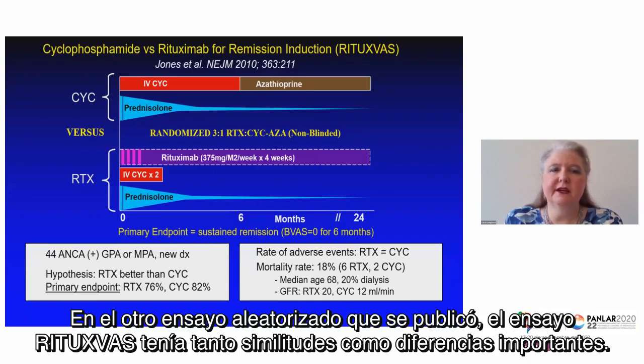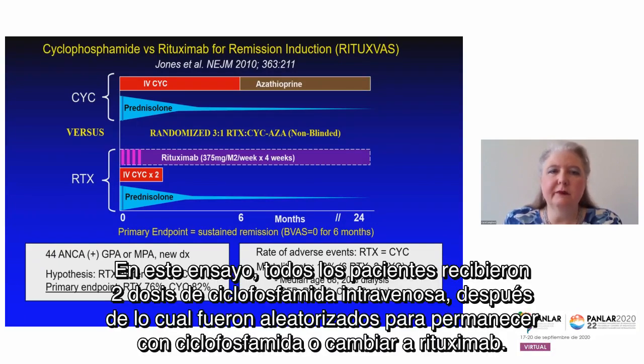In the other randomized trial that was published, the RituxVAS trial, this had both similarities and important differences. In this trial, all patients received 2 doses of intravenous cyclophosphamide, following which they were randomized to either remain on cyclophosphamide or be switched to rituximab.